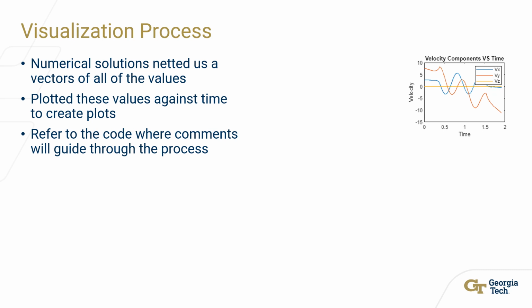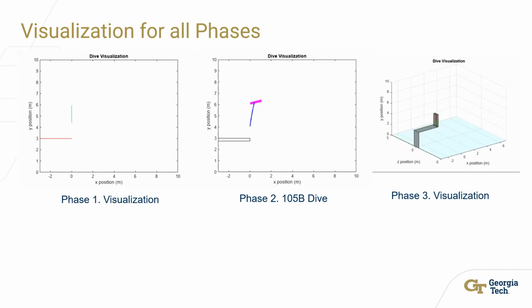So we'd have a bunch of angles and positions with respect to time, but we'd run a for loop through all of them and plot all of them on one nice graph. They're all numerical values that were evaluated as a function of time. This just shows some of the evolutions of our visualizations.